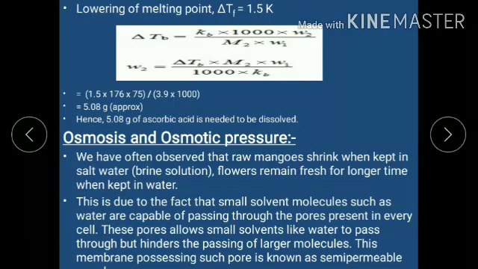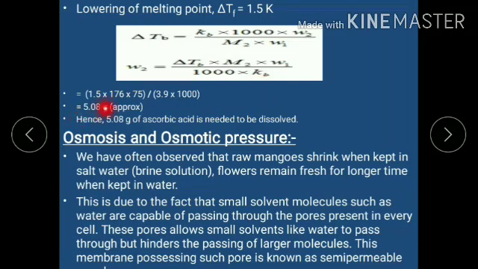Then you can find the mass of the solute. The formula is: the value of delta Tf is 1.5, molecular mass 176, mass of solvent 75 upon 1000, and Kf is 3.9.